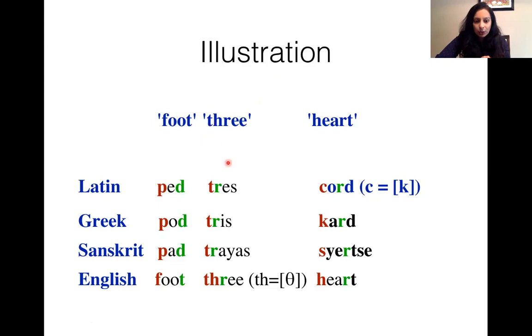Now, when you look at the word for three, Latin is tres, Greek is treis, and Sanskrit is trayas. And in English, it's three, which is the th, right? So t goes to th. And then heart, you have cord, kardia, and heart, right? So k goes to h.